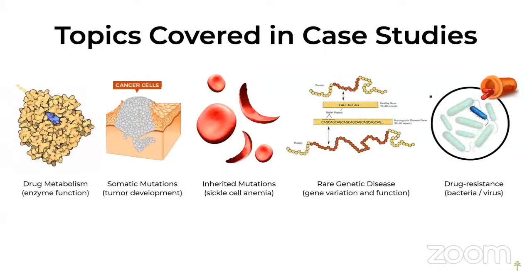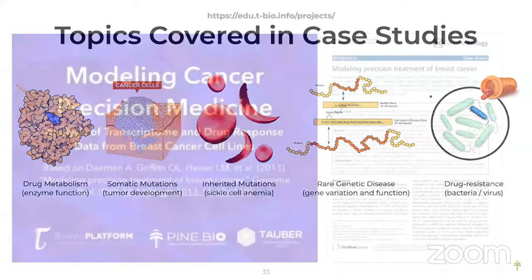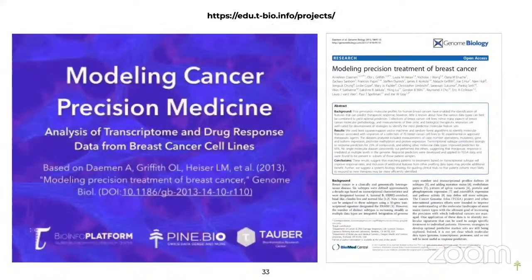Some of them have to do with drug metabolism, identification of somatic mutations in tumor development, inherited or germline mutations like sickle cell anemia, rare genetic diseases, as well as drug resistance associated with different types of antibiotics and pathogens. Oftentimes, just by reading the abstract, you get a good grasp of how bioinformaticians can use such data to model precision medicine.